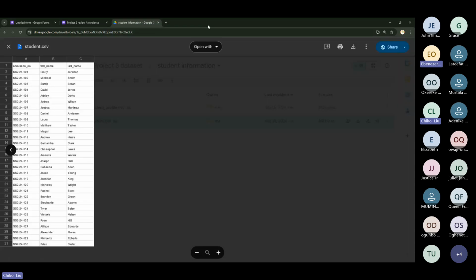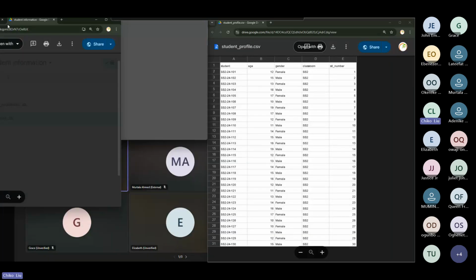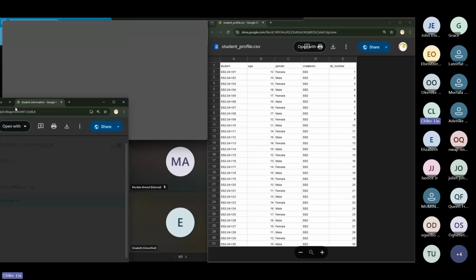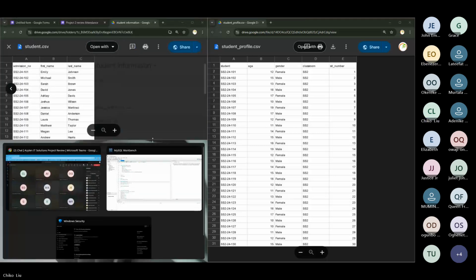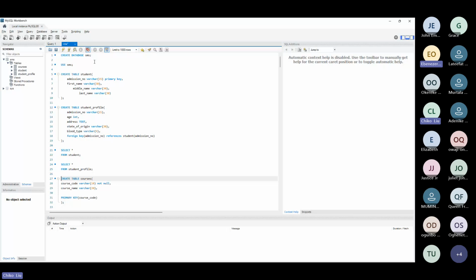So Mr. Ebenezer, do you now understand what a foreign key and a primary key is? Yes, but how do you apply it? It's a very simple thing.